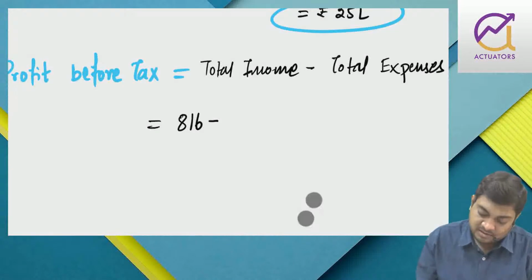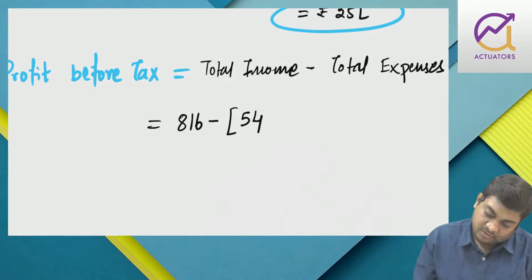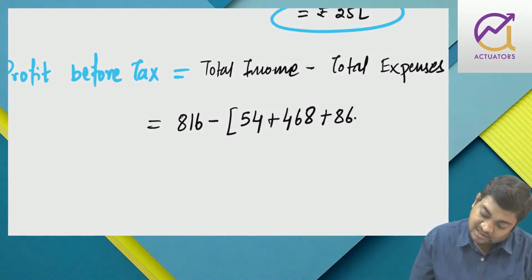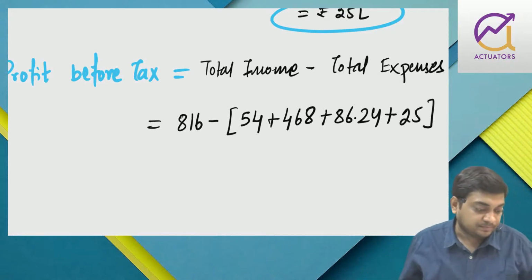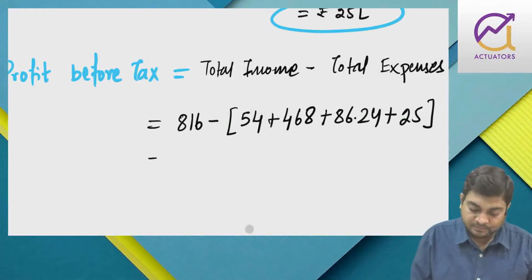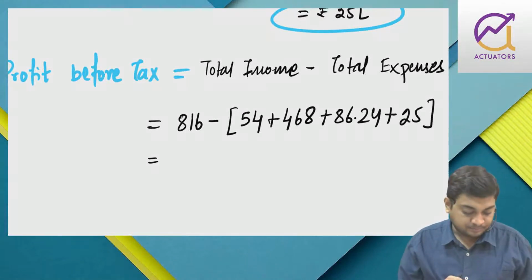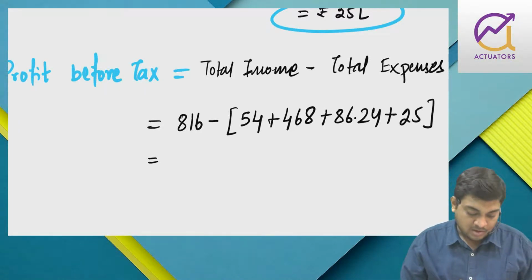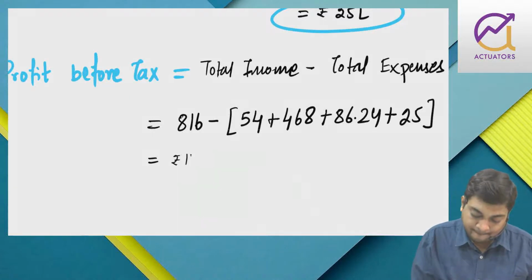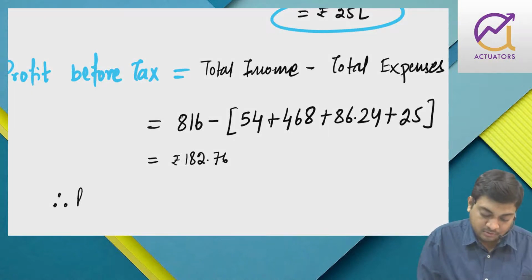I'm adding all the expenses. Then provision is 86.24. Investment is 25. How much will it be? 816 minus 54 minus 468, I'll open the bracket, minus 86.24 minus 25. 182.76.